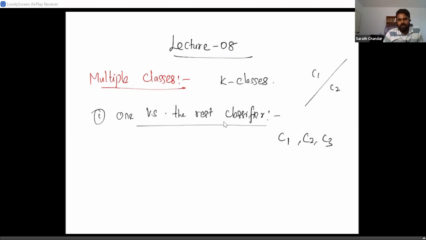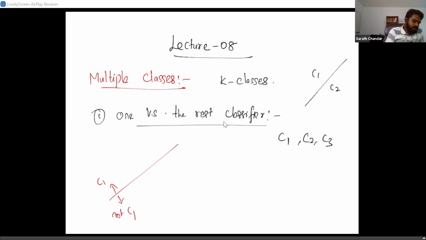But in the case of a 3-class problem, how are we going to use these linear decision boundaries and still do multi-class classification? The first approach is one versus the rest, where you would have one classifier which tells whether it belongs to class C1 or not C1. It is going to classify everything else, like C2 and C3, as not C1.